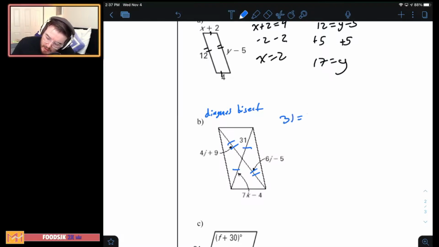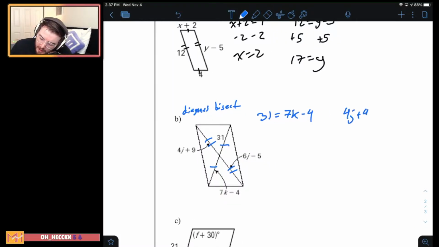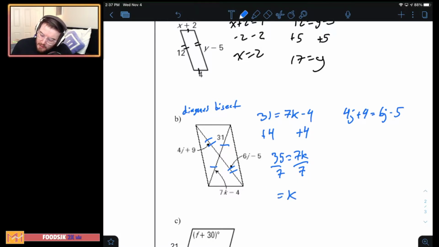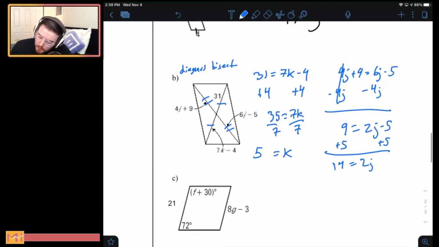So 31 is equal to 7k minus 4, and then 4j plus 9 is equal to 6j minus 5. Add the 4. Divide the 7, k equals 5. And then when I solve this one, subtract the 4j, add that 5, divide the 2, j equals 7.